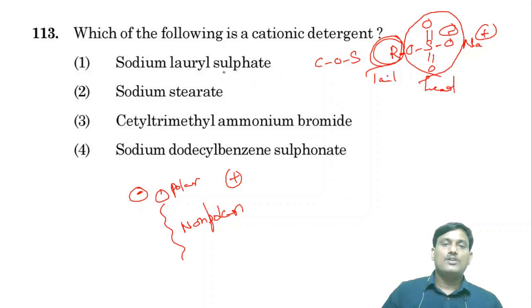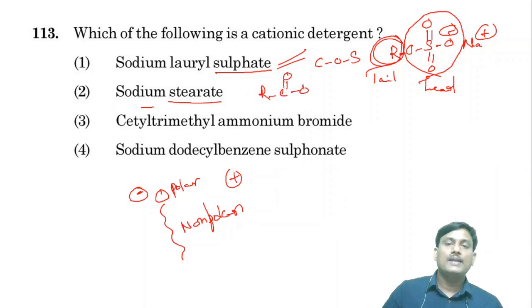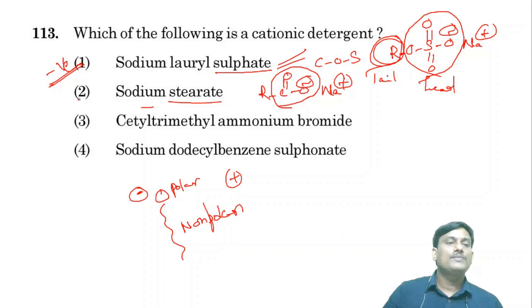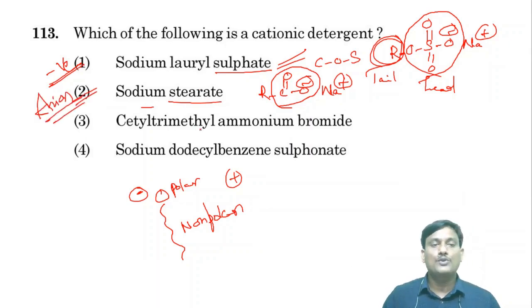In lauryl sulfate, the head is negatively charged. Sodium stearate is a carboxylate, RCOO minus Na plus, where the head is also negatively charged. This one is anionic, and it's not a detergent, it's a soap.